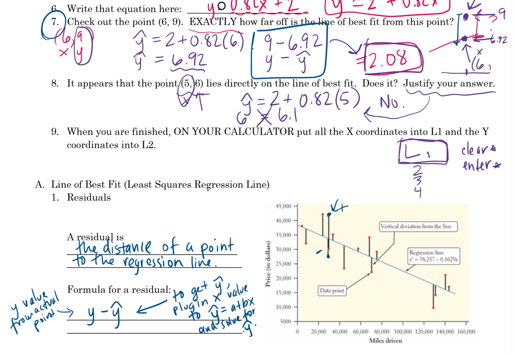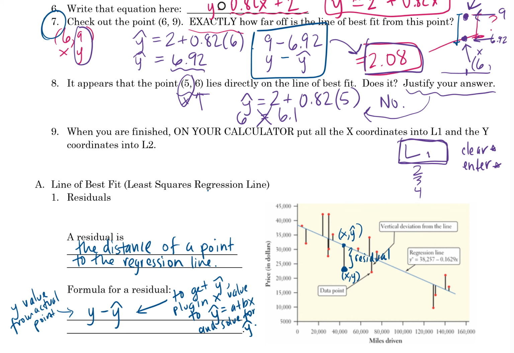Okay? So for example, we'll erase this real quick. We'll go with this guy. If I wanted the residual for this point, it is x comma y. The point on the line, which is what I'm looking for, is x comma y hat. And so I would find the residual, and this length, the distance, is the residual.